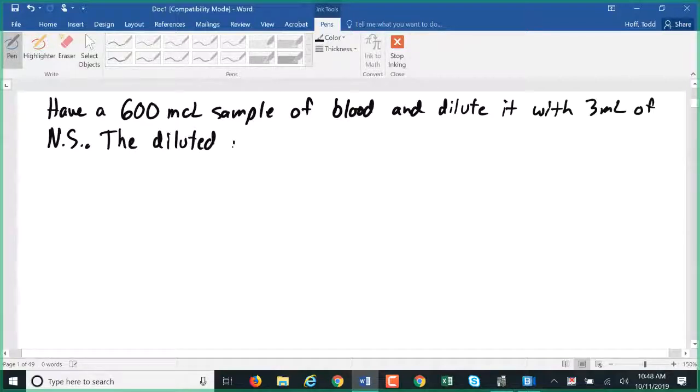The diluted reading is, let's go, 191 milligrams per deciliter. Find the true level.